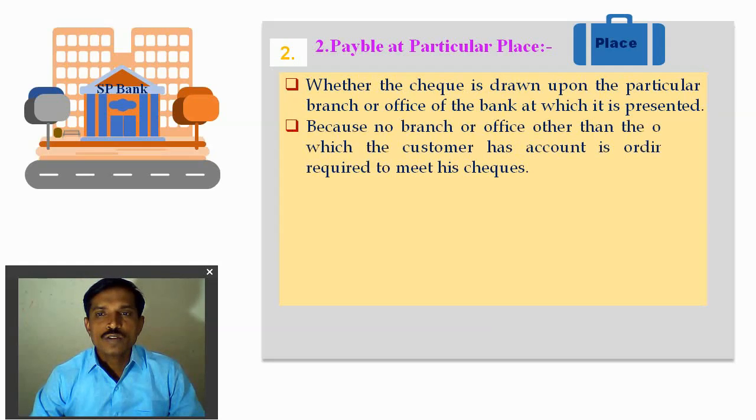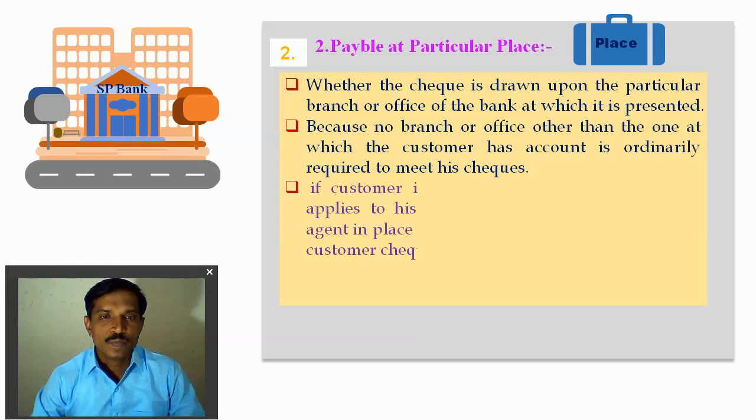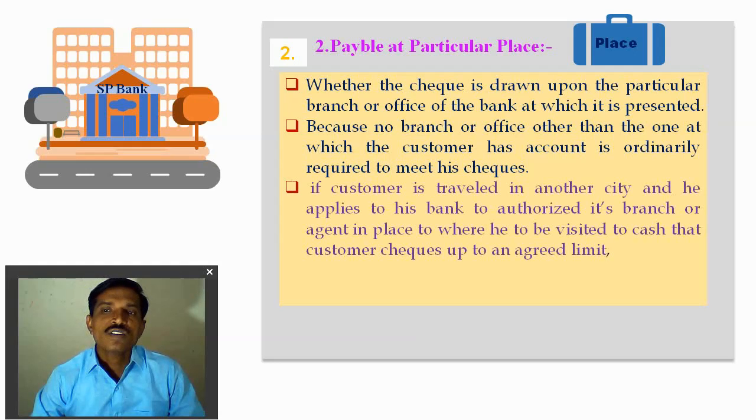No branch or office other than the one at which the customer has an account is ordinarily required to meet his check. If the customer is traveling in another city, he applies to his bank, which authorizes its branch or agent in the place he visits to cash the customer's check up to an agreed limit. That time the customer uses the traveler's check. So in the travel situation, from one city to another, the customer is given special precaution by the bank.